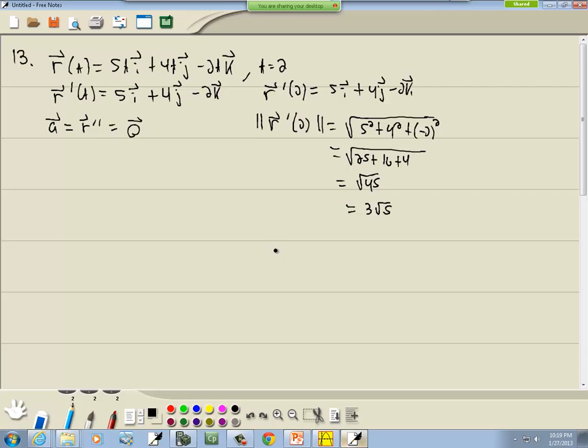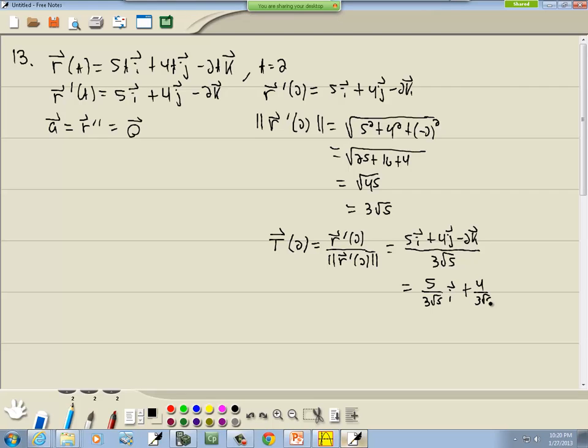So T of 2 is going to equal r prime of 2 divided by the magnitude of r prime of 2. Which gives us 5i plus 4j minus 2k divided by 3 square root of 5. Which gives us 5 over 3 square root of 5 i plus 4 over 3 square root of 5 j minus 2 over 3 square root of 5 k.